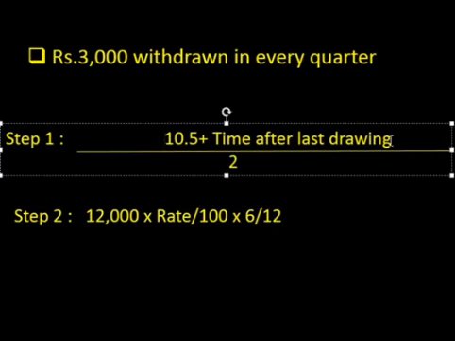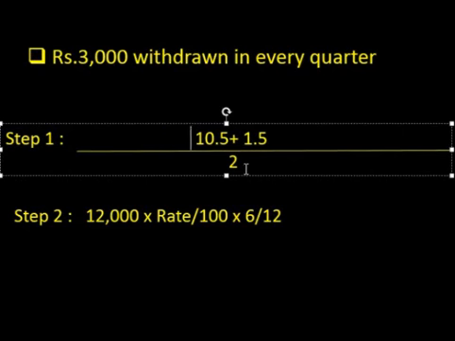Now I'll see time after last drawing. My last quarter begins from the 1st October, so the drawing is made in the middle of the quarter. That will be on 15th of November. So I have 1.5 months.